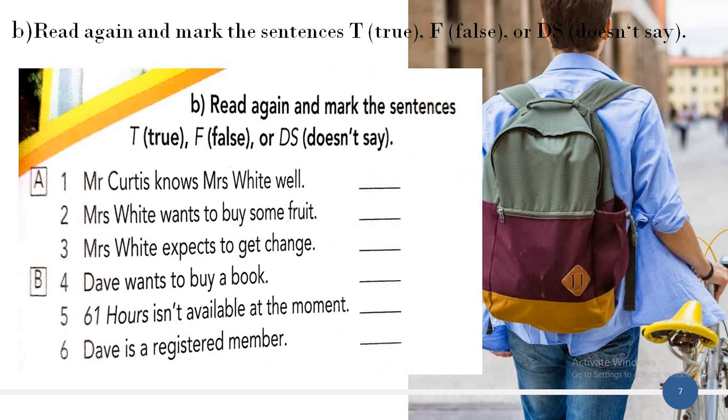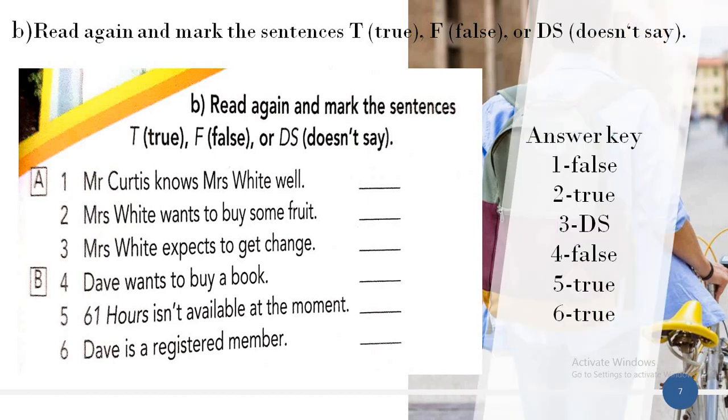Now, let's see the answers. 1 is false. 2. Good, it's true. Mrs. White wants to buy some fruit. 3. Mrs. White expects to get change.